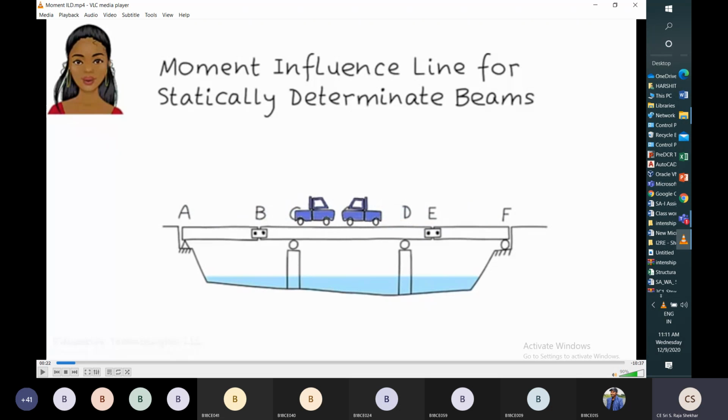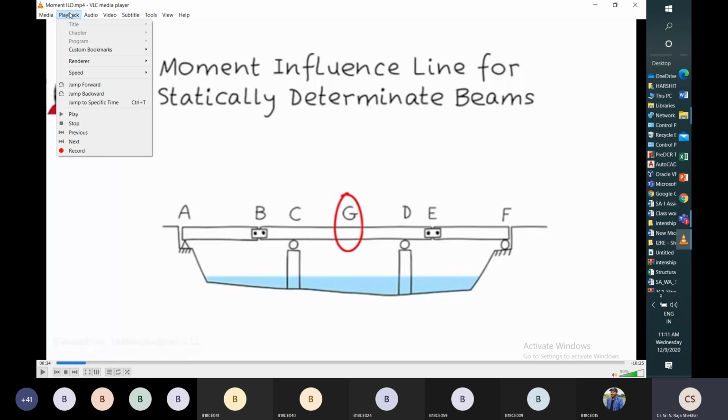If you observe this beam, when the vehicle reaches the region between C and D, bending moment is maximum at that section. At G, maximum bending moment takes place. So now I want to see the variation of bending moment at G by using one animated video.